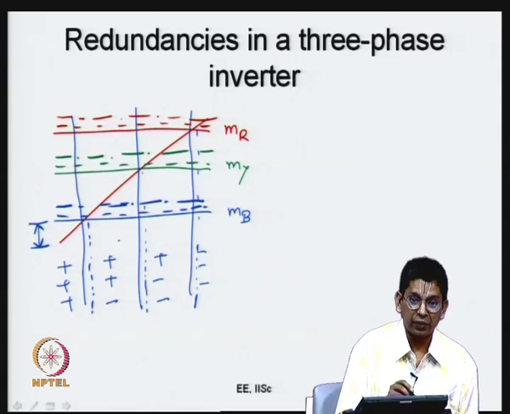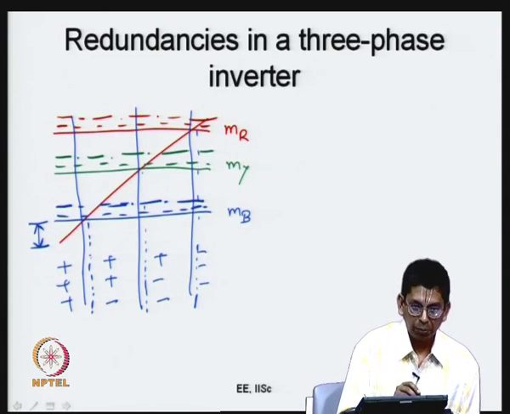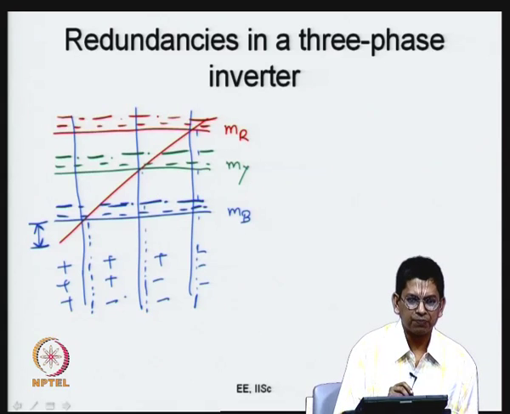Again there is no intersection between the carrier and MB. So, now MB is always lower than the carrier in that case. That means the B phase bottom device will always be on, and B phase is clamped. B phase does not switch, it is clamped. It is clamped to what? It is clamped to the negative DC bus.